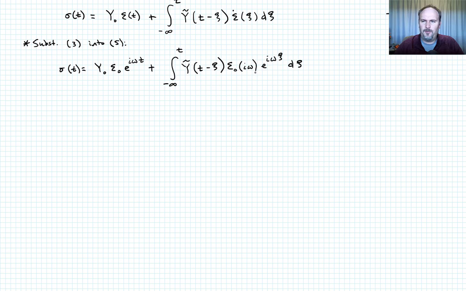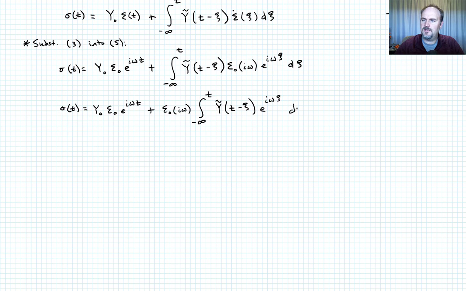So epsilon naught, i, and omega are not variables of integration, so we can pull them outside the integral, and so we can write sigma as a function of t is equal to Y naught epsilon naught e to the i omega t plus epsilon naught times i omega integral from negative infinity to t of Y tilde of t minus xi times e to the i omega xi d xi. Okay? Let's call that equation 6.